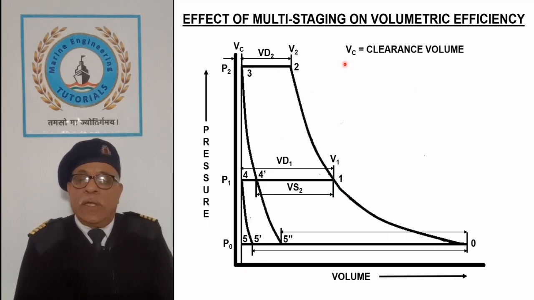Vc is the clearance volume formed by the gap between top of the piston and cylinder head. Clearance volume reduces the effective suction stroke of piston.